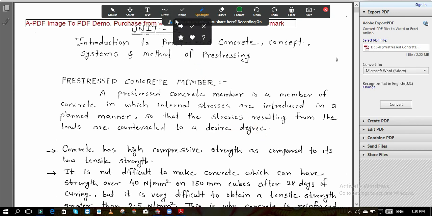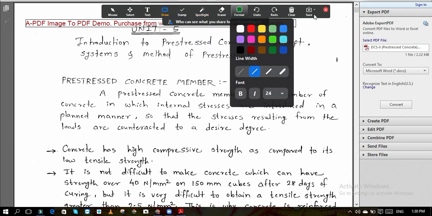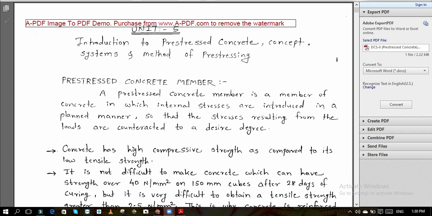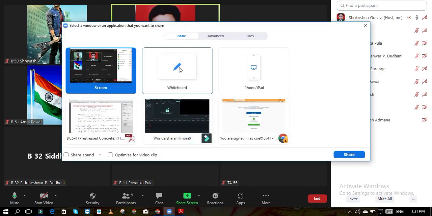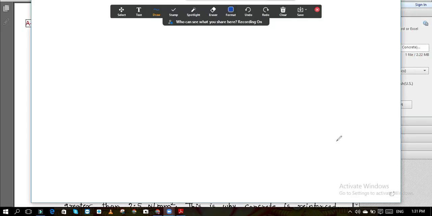Now suppose I draw a diagram on the board. Suppose this is a beam.